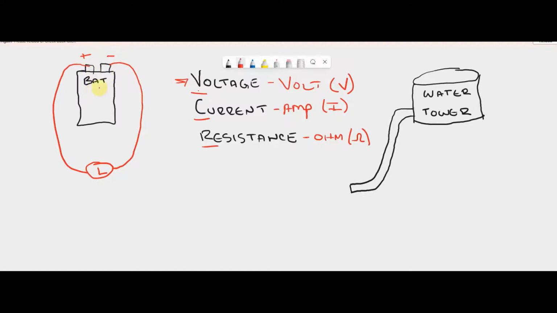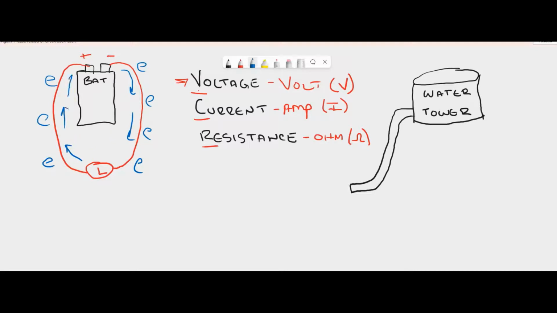Once we do this and we connect this battery to this light, what we're doing is we're taking the voltage or the potential of this battery. It's forcing current through the wire in the form of electrons, and those electrons travel from the negative to the positive in this way.